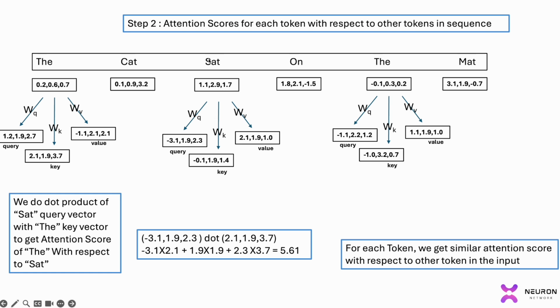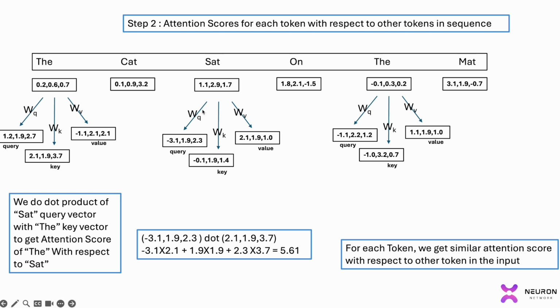What we do is that for each of these tokens, we have triplet vectors: query, key and value. So suppose we have to get the attention which "sat" should pay to "the". What we'll do is take the query vector of "sat" and do a dot product of the "sat" query vector with the key vector of "the".